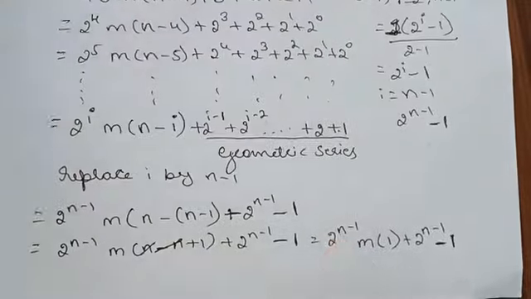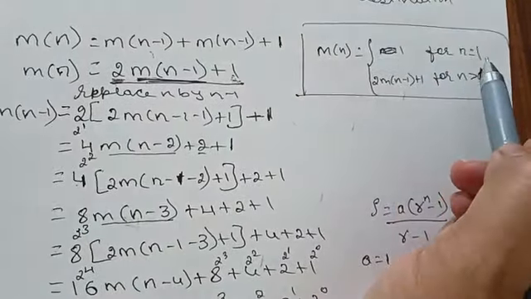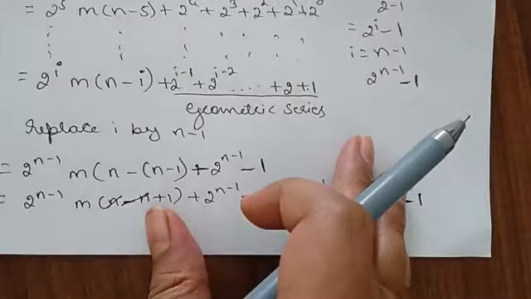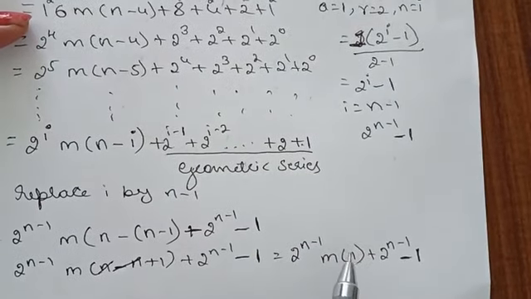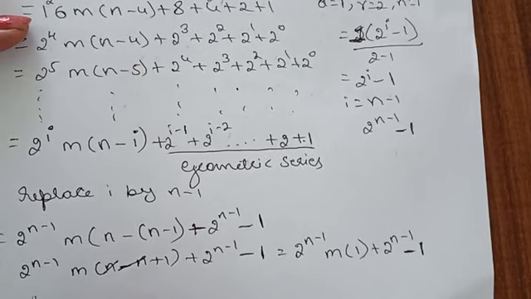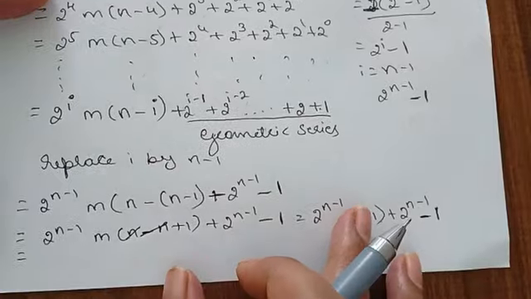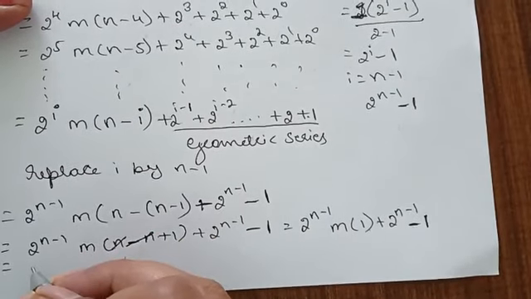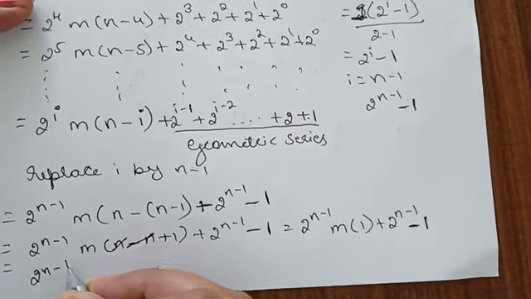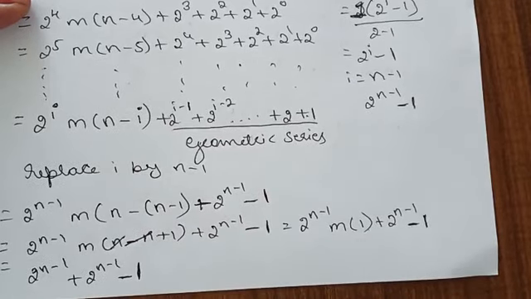M of 1, you can just remember our initial condition. If n is equal to 1, then it should be equal to 1. So what happens? This will become 1. So I'll get 2 power n minus 1 plus 2 power n minus 1 minus 1.